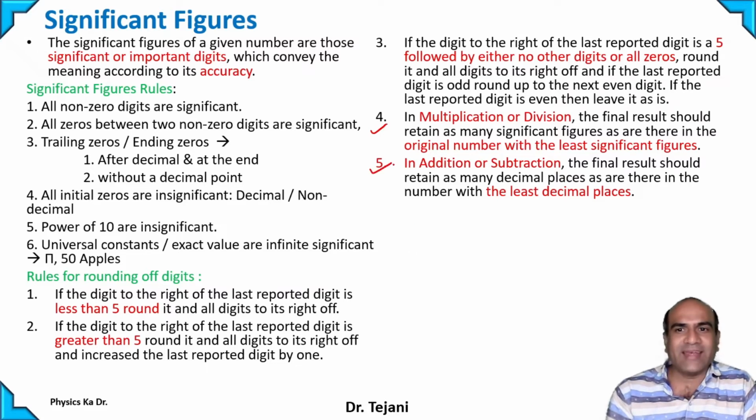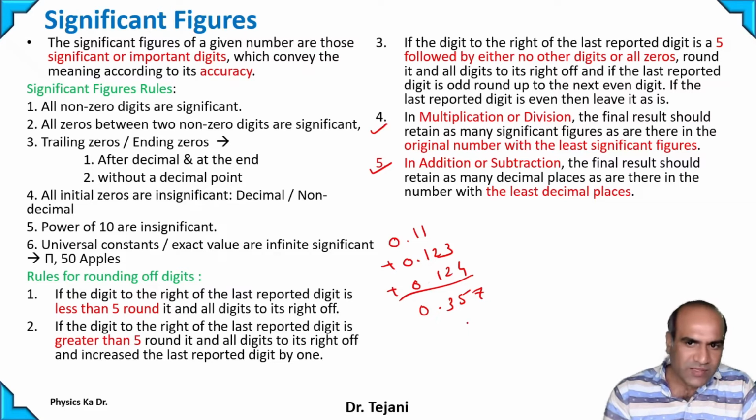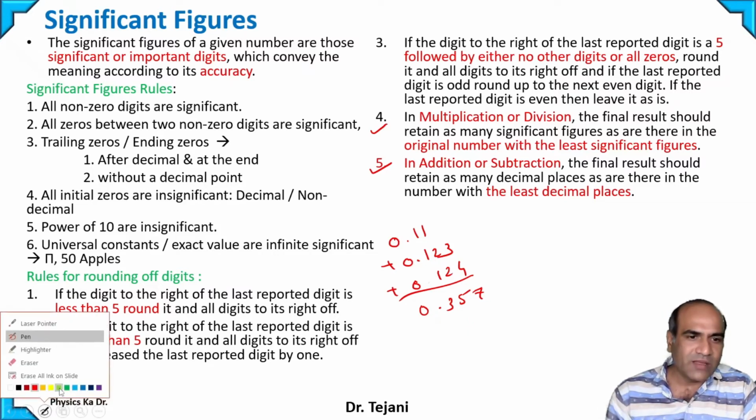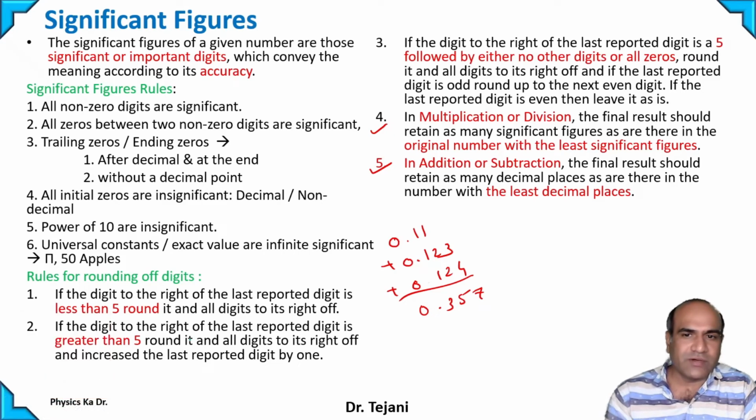In case of addition and subtraction, the rule is slightly changed. Say for example 0.11 plus 0.123 plus 0.124 gives 0.357, say. In the case of significant figures, we have to see the digits after the decimal point.